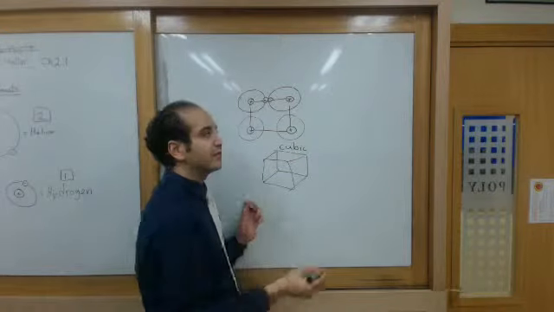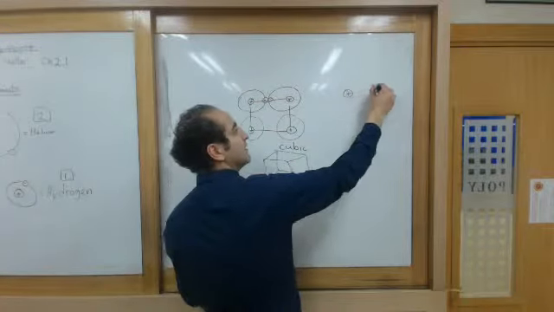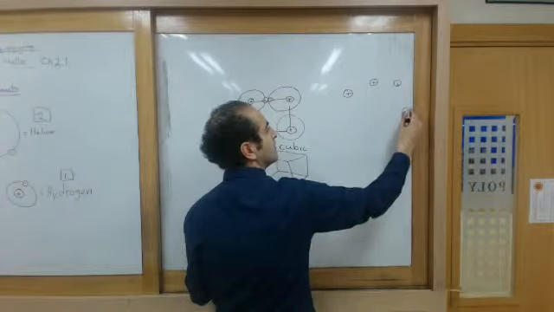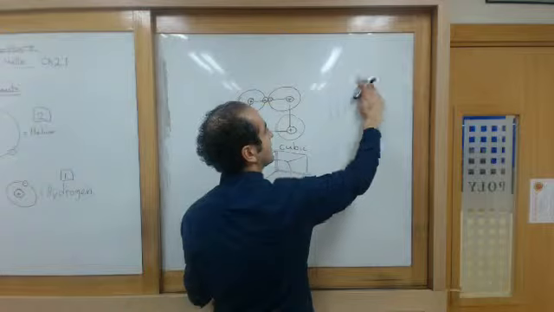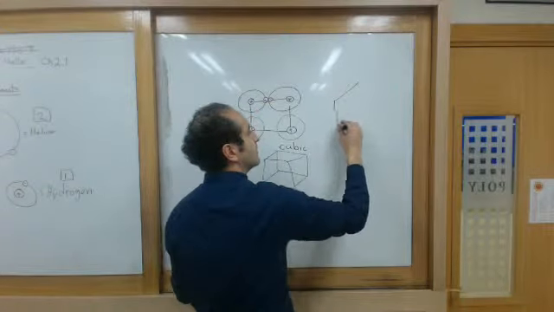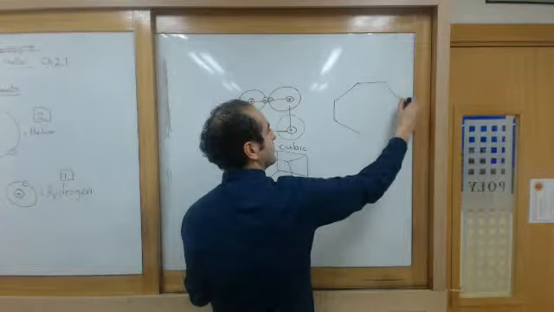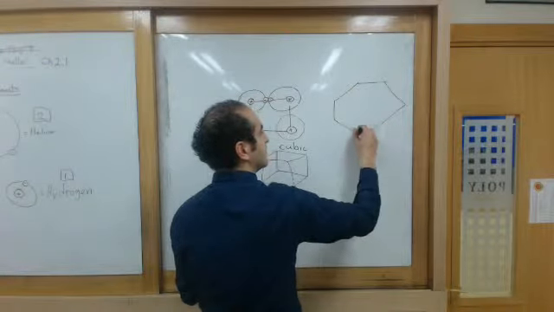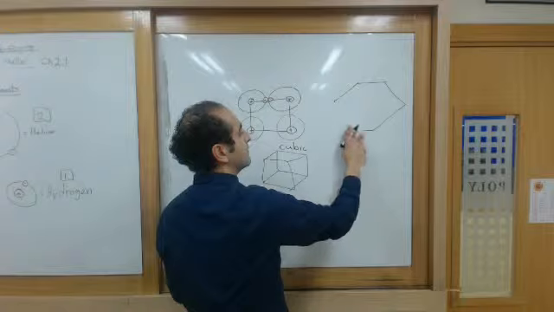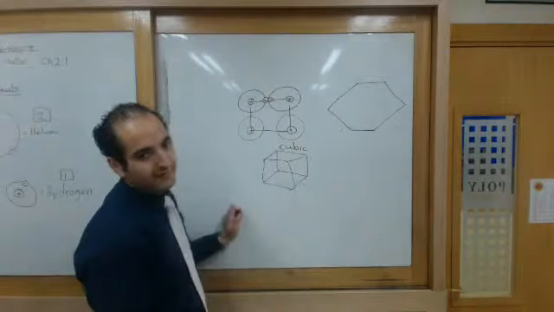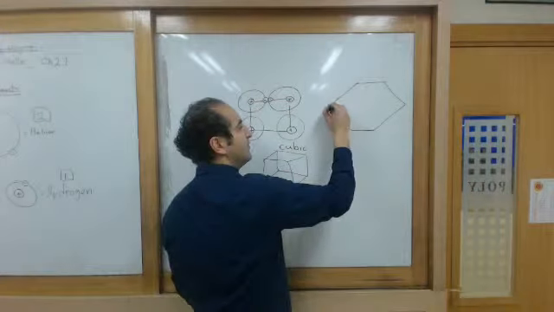A hexagon crystal, for example, would look something like this. I'm not good at drawing hexagons. Hold on. There we go. Hexagon, finally. So imagine there's an atom here.